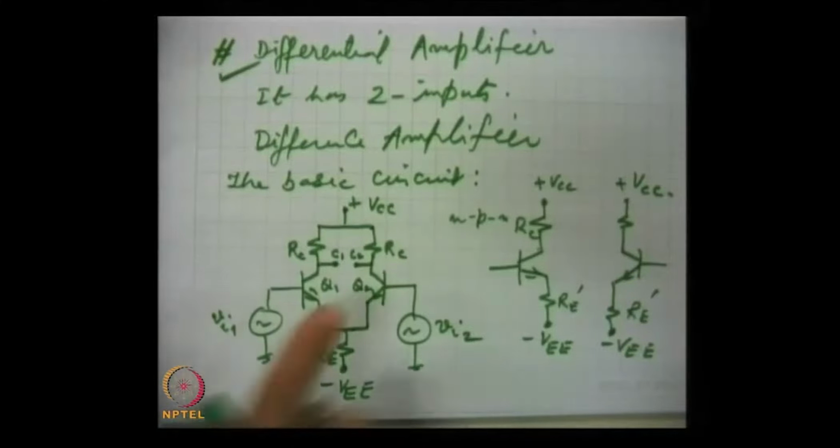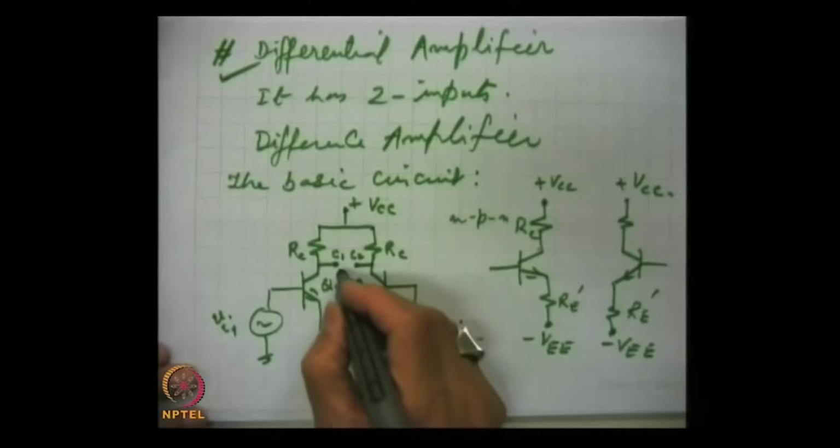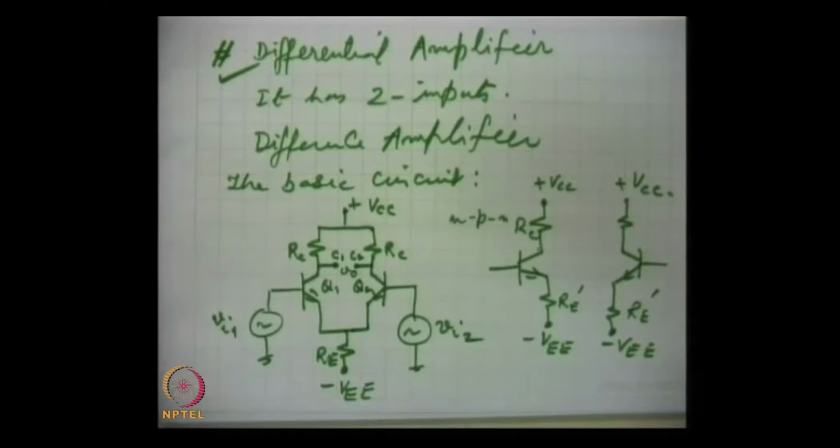Between these two collectors, whatever is the output, that is taken. So, the output is here V0. Normally we take it from a collector with respect to ground. Here the output is taken between two collectors.